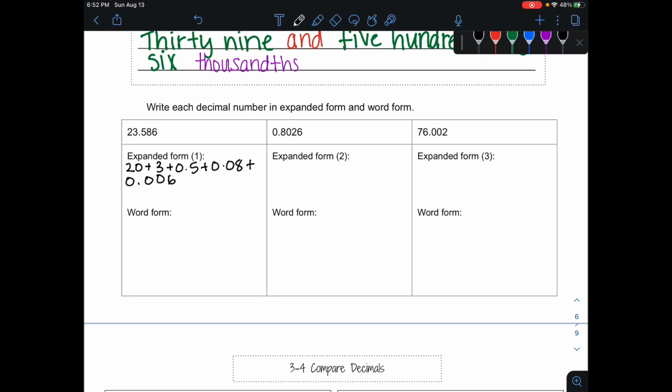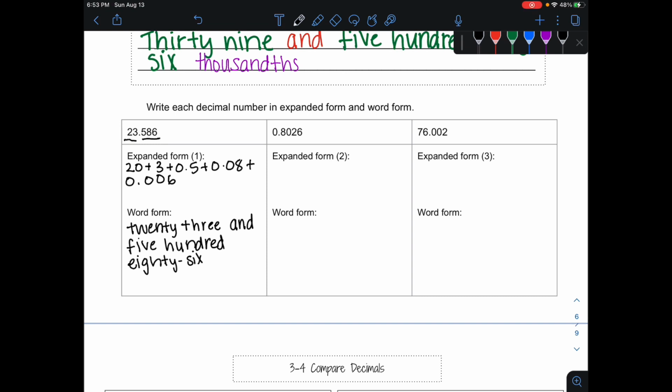And then word form. So remember step 1, we read the whole number. So the number is to the left of the decimal. So 23 and then now we read the numbers right of the decimal. 586, and then now we have to mention the value of the last digit.